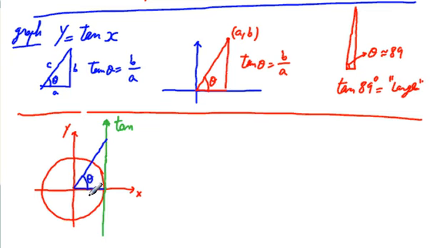Let's name the three sides in this picture: A, B, and C. So tangent of theta, according to the definition in this picture, is supposed to be the ratio of which two numbers? B over A. Now, what is the main claim to fame of the unit circle?